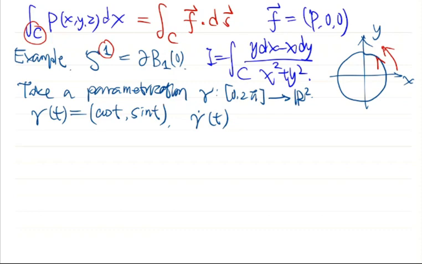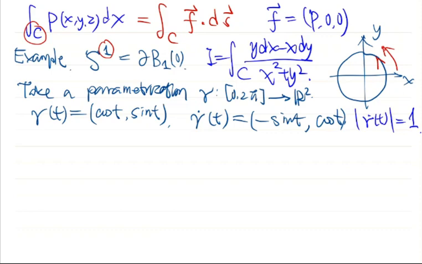To define the flow integral, we need a tangent vector. Therefore, we compute the tangent vector corresponding to this parametrization, which is (minus sine t, cosine t). The norm of this tangent vector is 1. This is remarkable. Norm is 1.